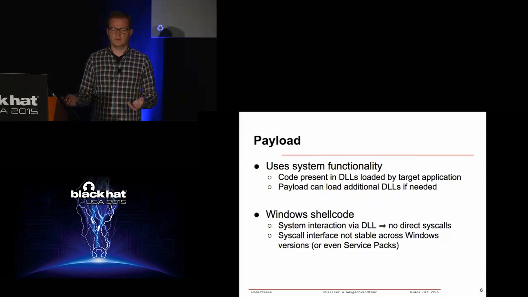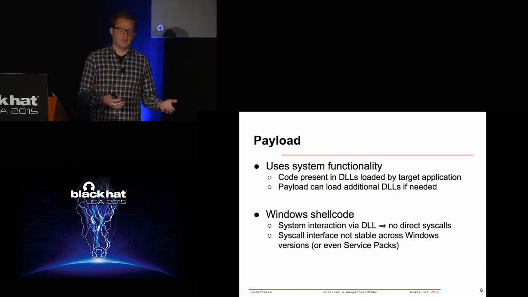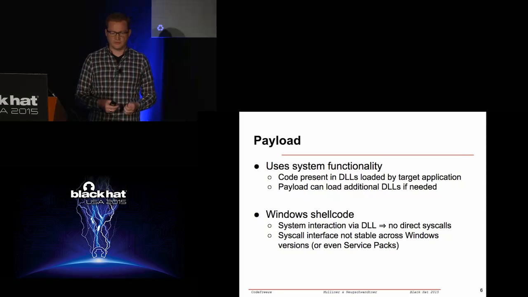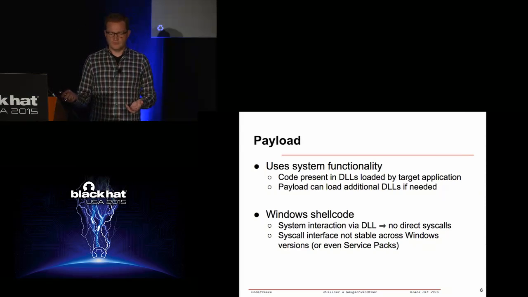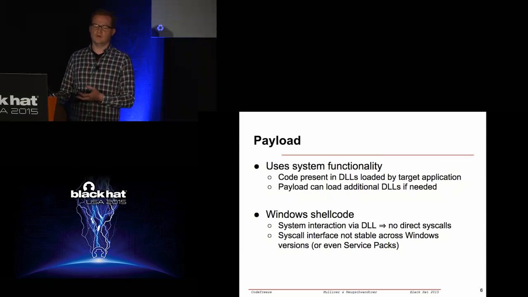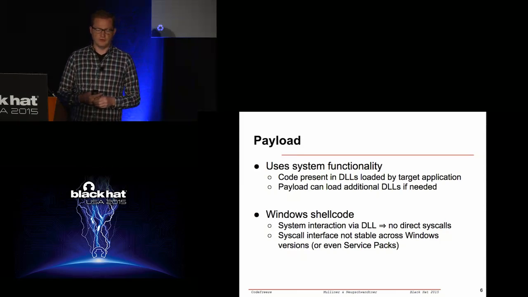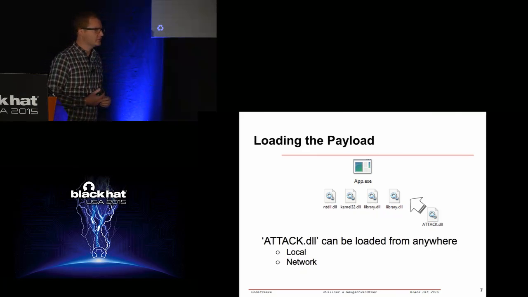But the payload can also load additional system libraries to add functionality that the exploited application doesn't have. In Windows, you normally call system functionality via DLLs. You normally don't directly call syscalls, because the syscall interface is unstable across different Windows versions and service packs.